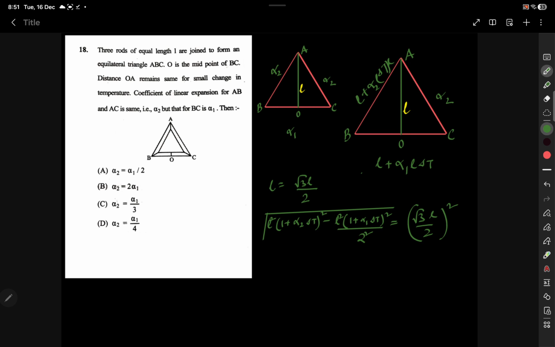Now just square on both sides. So L squared is taken common. 1 plus alpha 2 delta T squared, just apply the binomial theorem because the value of alpha is very small, and here also L squared by 4, apply the binomial theorem.